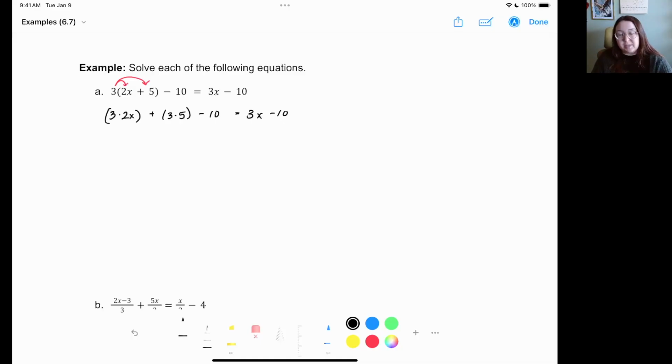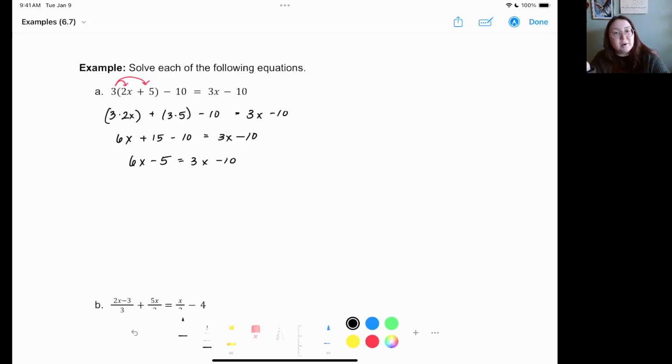We're going to multiply 3 times 2x, which gives us 6x, and 3 times 5 is 15, minus 10, and this is equal to 3x - 10. And now combining any terms that we can, 15 minus 10, that's going to be 5. So this will give us 6x - 5 is equal to 3x - 10.